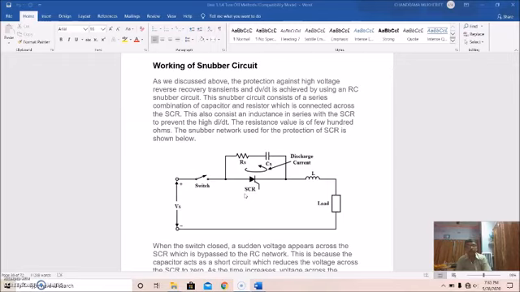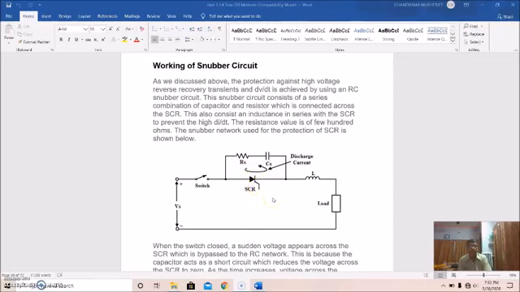Protection against high voltage reverse recovery transients and DVDT is achieved by using this RC snubber network. Snubber circuits basically consist of a series combination of a capacitor and resistor, which is connected across the SCR.